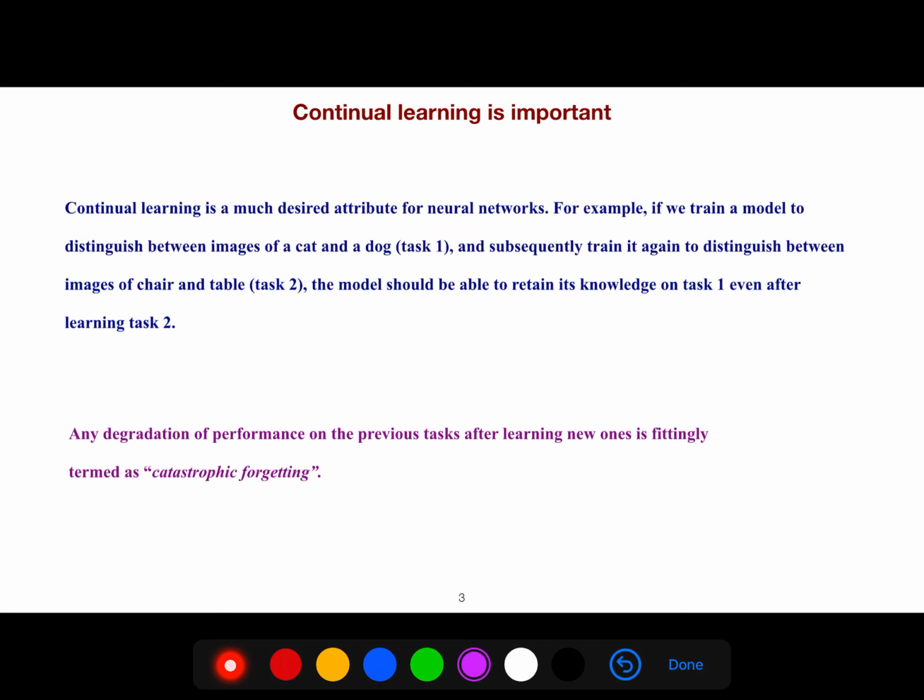So continual learning is a much desired attribute for neural networks. For example, if we train a model to distinguish between images of a cat and a dog, and subsequently train it again to distinguish between images of chair and table, so this is task 2, and cat and dog is task 1, the model should be able to retain the knowledge of cat and dog as well.